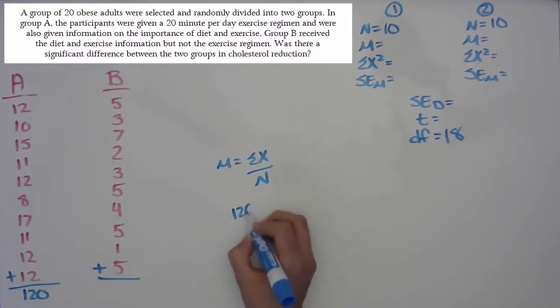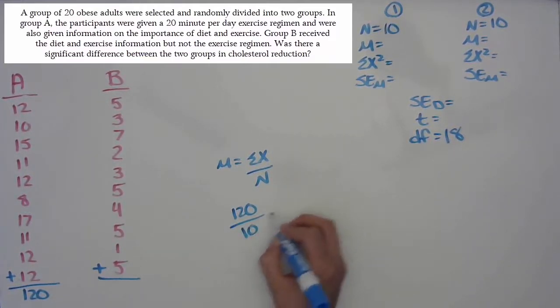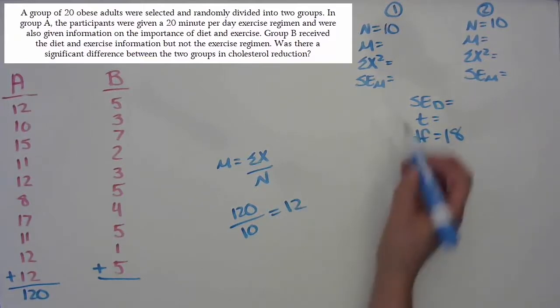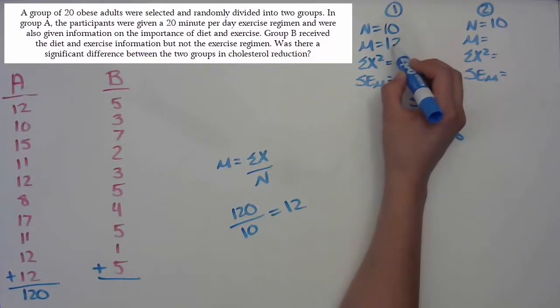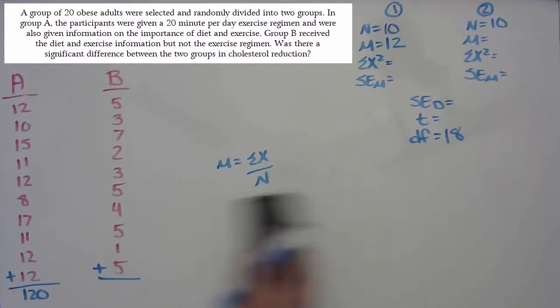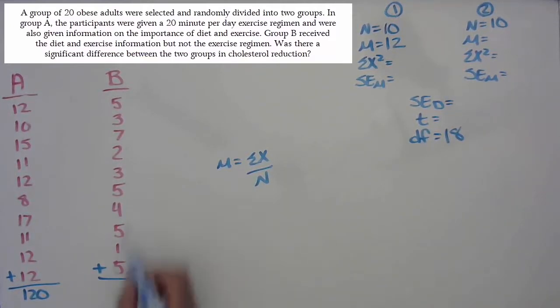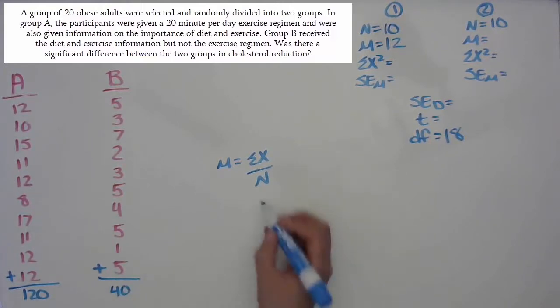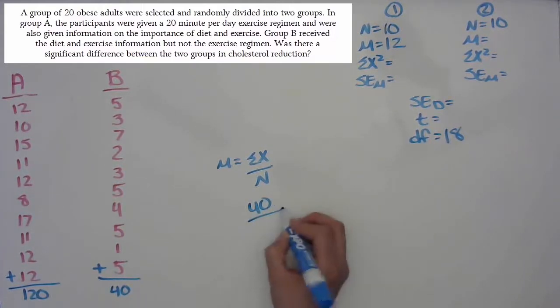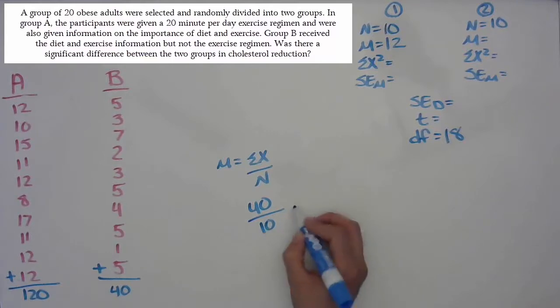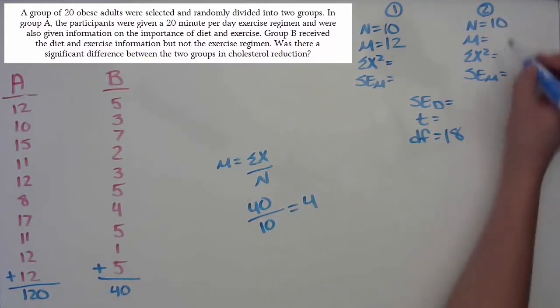So we have 120 divided by our N value of 10. That is going to give us 12. So our mean for Group 1 is 12. And then for our second group, when we add all of these together, that's going to give us 40. So we do the same thing. So 40 divided by our N value of 10, that's going to give us a mean of 4.